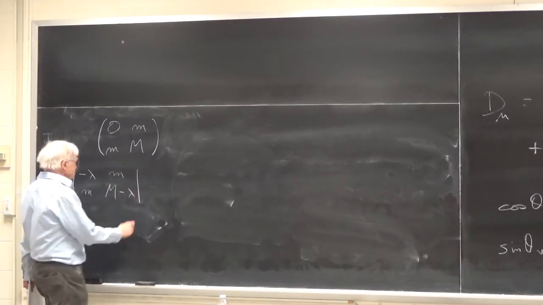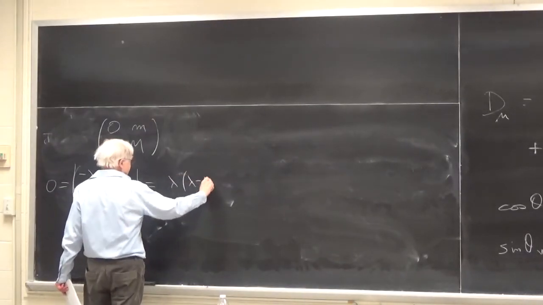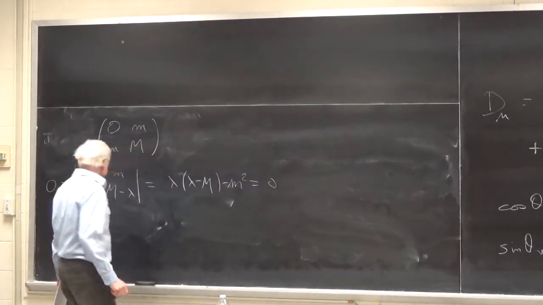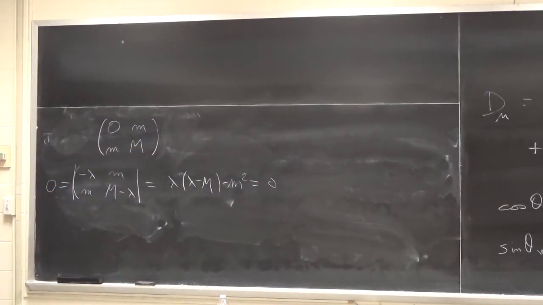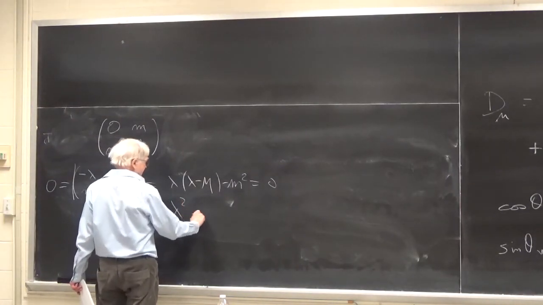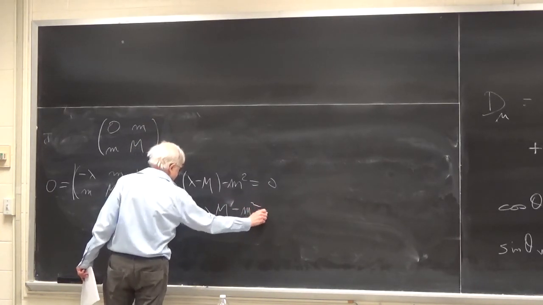This gives lambda squared minus lambda M minus m squared equals 0.